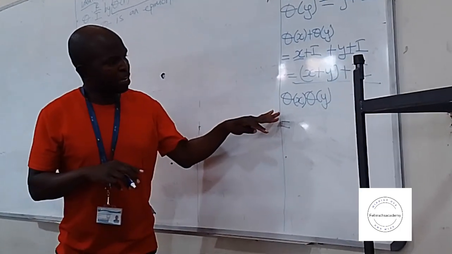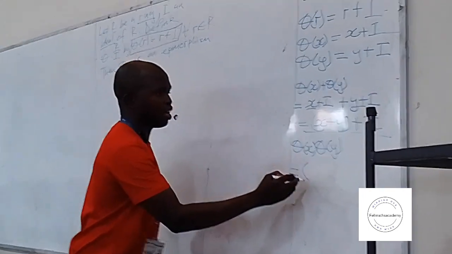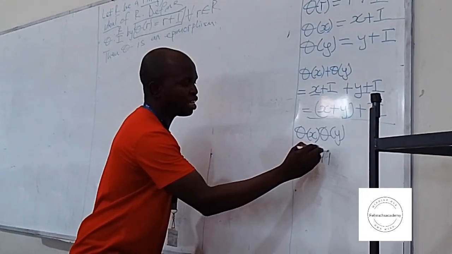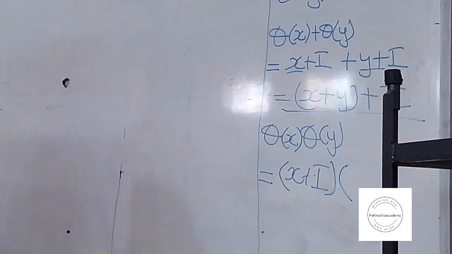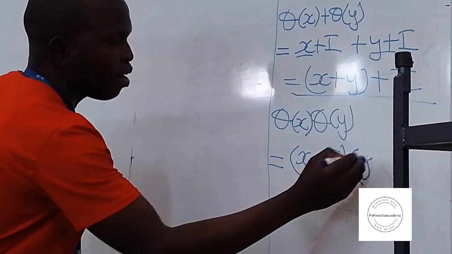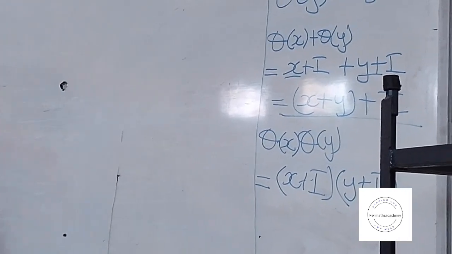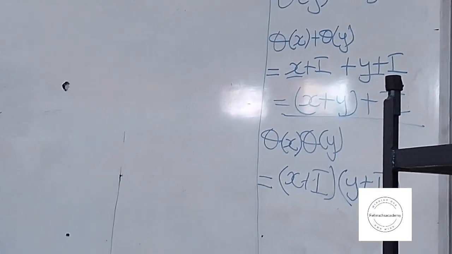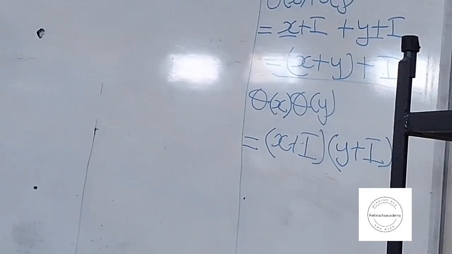What is theta x? X plus I, multiplied by theta y, which is y plus I. The multiplication is simple; we are not doing illustrator for algebra here.